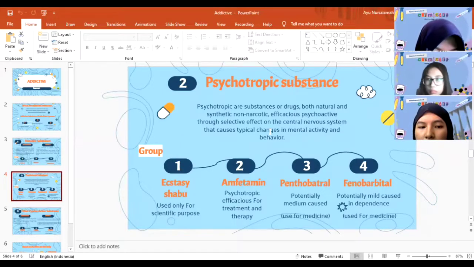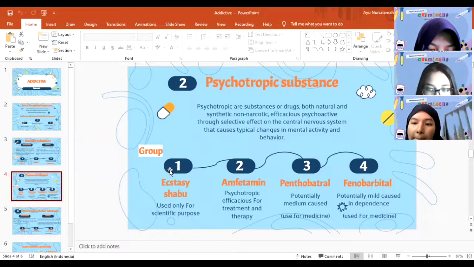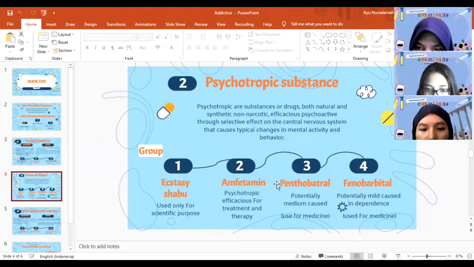Okay, so the first is group 1. This can only be used for scientific purposes and cannot be used in therapy, such as ecstasy and also shabu. The second is psychotropic that is efficacious in treatment and can be used in therapy, such as amphetamine.